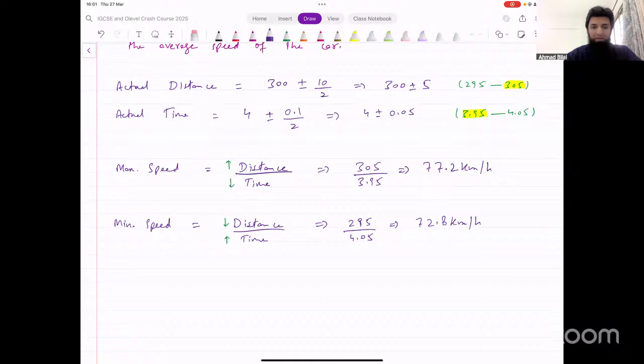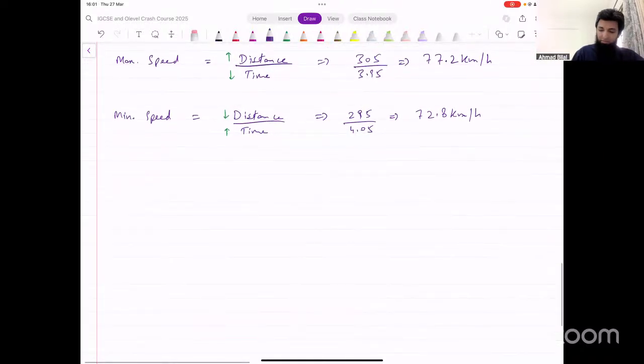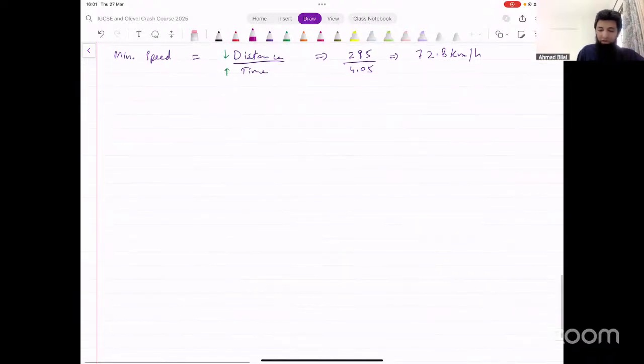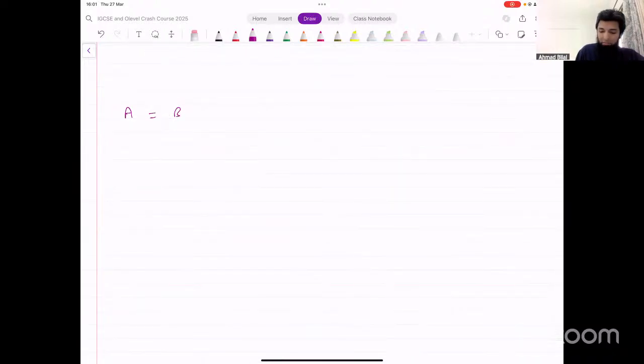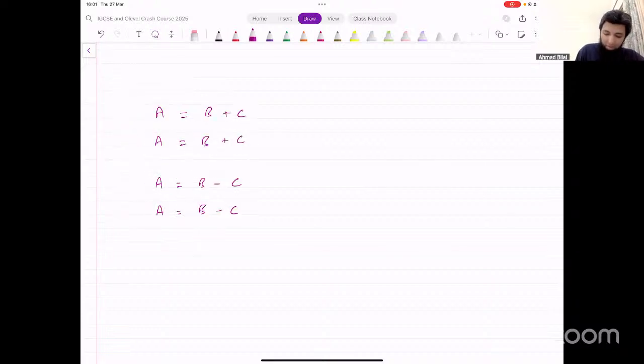If you had, for instance, any quantity A, and this was calculated like this: B plus C, or B minus C. And what we want to do is first find the maximum possible value of A and the minimum possible value of A.